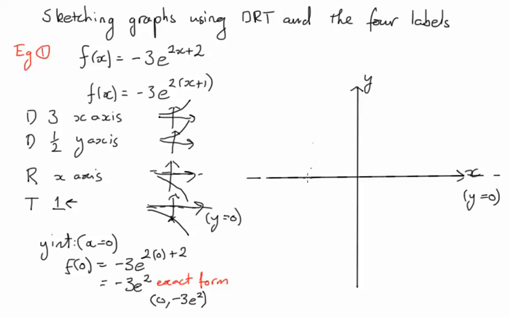Then let's sketch. Well, we're not going to touch the asymptote. I'm going to draw carefully. It's going to do something like that. You can see it's not the best there. I'm going to have another go. Get your graph drawing as perfect as you can. Alrighty, that point there, as we figured out earlier, is 0, -3e squared.